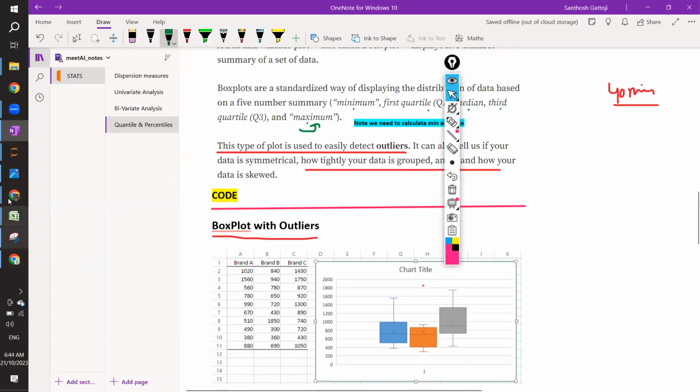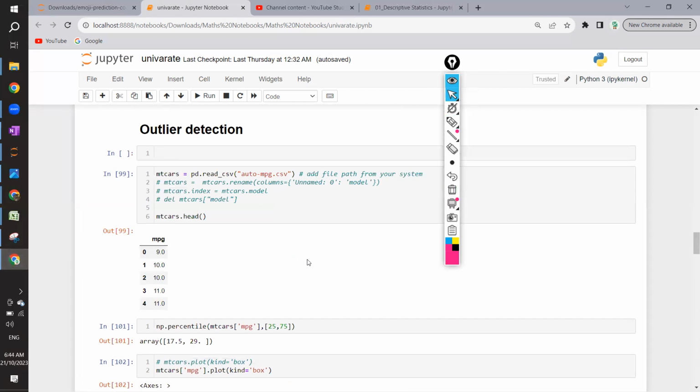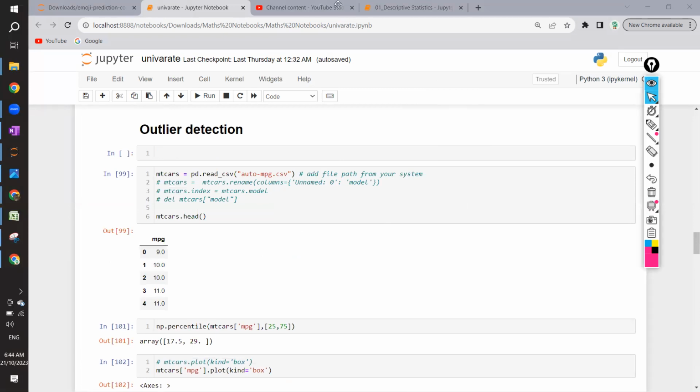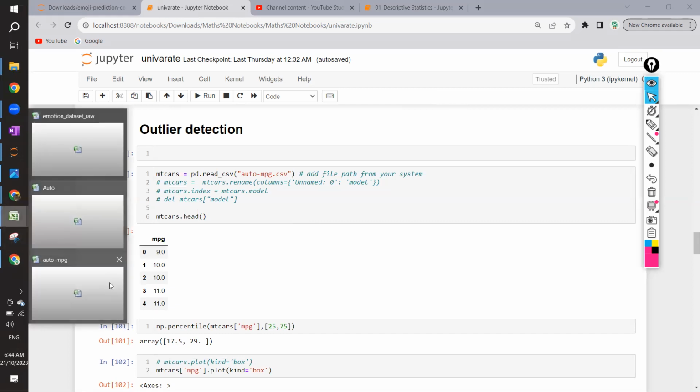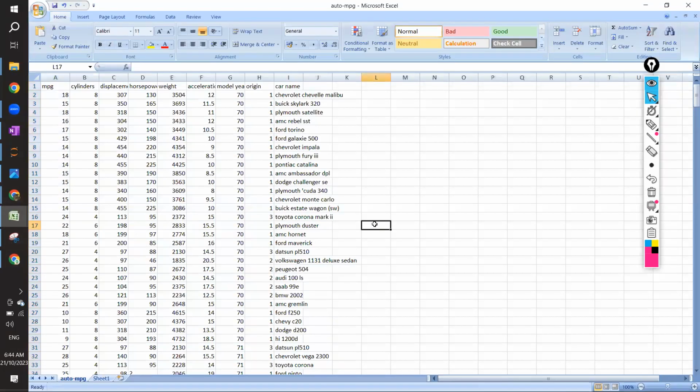Now first we'll see a few examples from a data frame of how you can plot a box plot. Let's say I have this auto mpg data frame.